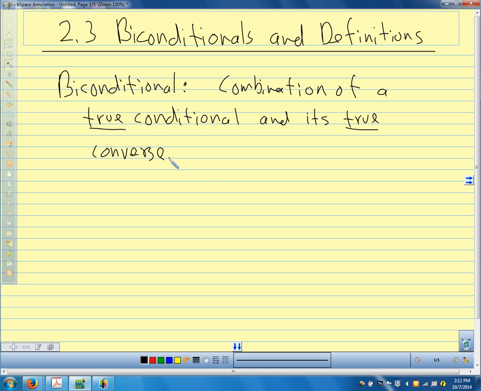To make a biconditional, we join them with if and only if. So for our opener we could say today is Tuesday if and only if tomorrow is Wednesday, and that would be a biconditional.